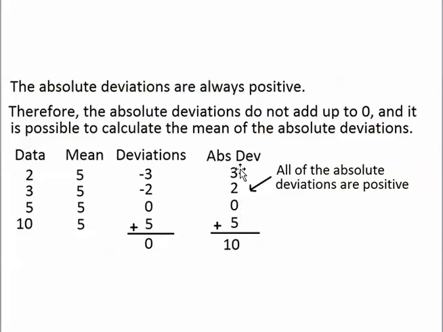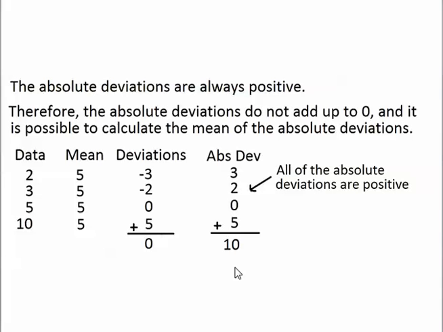When you find the absolute values, all of the deviations become positive, and they no longer add up to 0. So over here, you're at a dead end, because they'll always add up to 0. The reason why we're finding the absolute values is to make all of the deviations positive, so that they don't add up to 0.